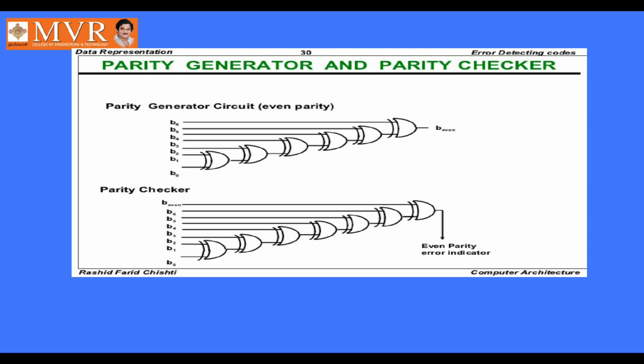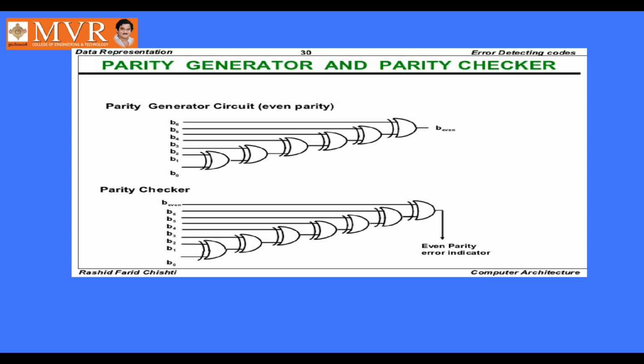And at the parity checker, the even parity that was generated is also considered as one of the inputs, and all are again connected to XOR gates. At the end of the result, if the number of ones in the original data is even, 1 will be generated there, otherwise 0.